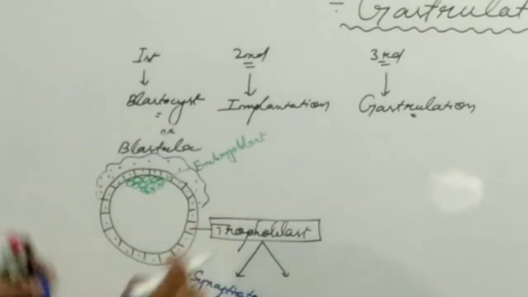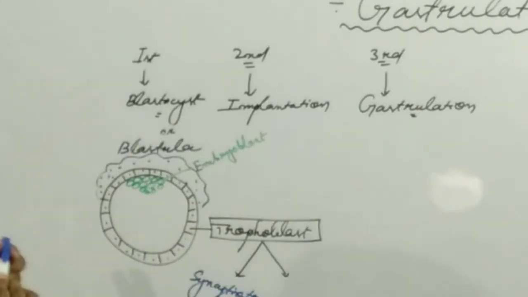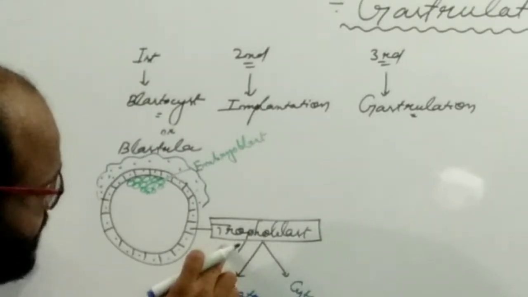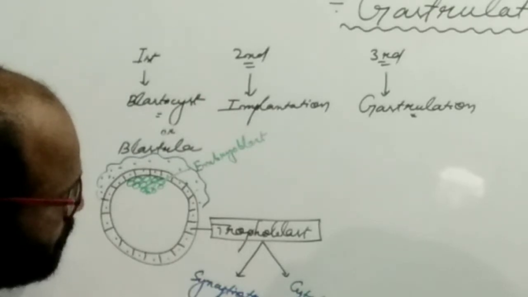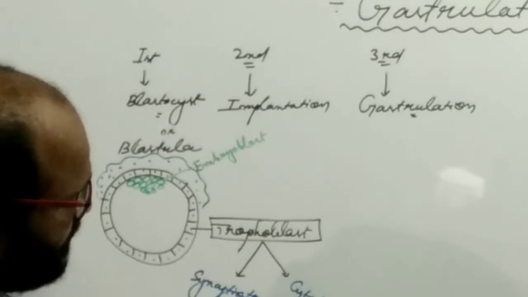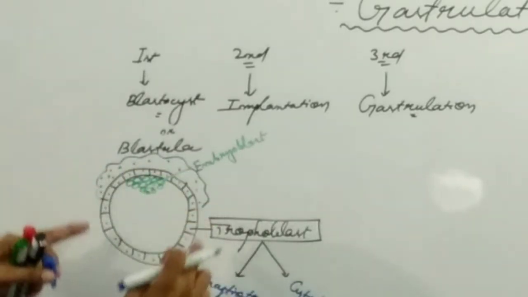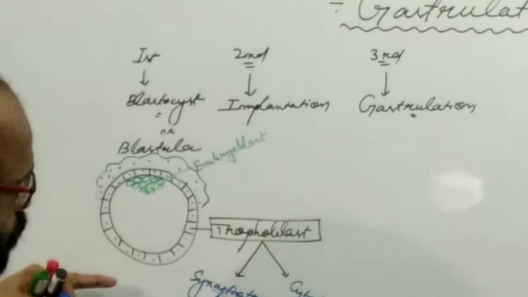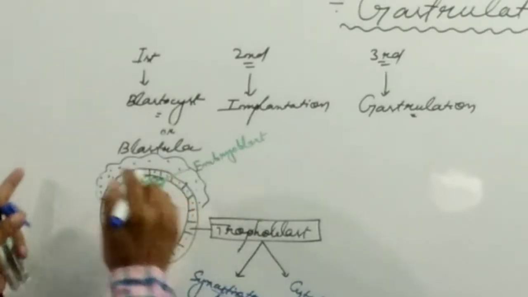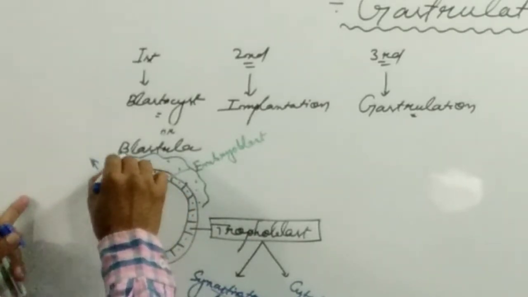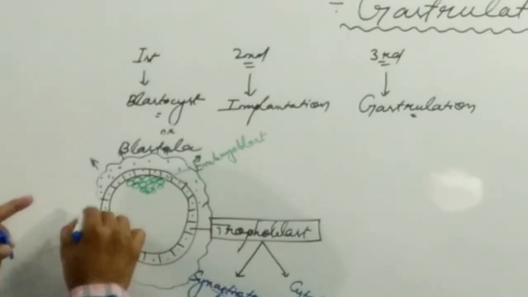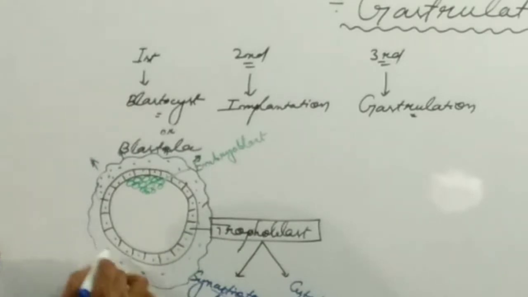The inner cells are single nucleated, and these are known as the cytotrophoblast cells. The cytotrophoblast cells retain their boundaries, but the syncytiotrophoblast cells, which are multinucleated, divide and grow subsequently, and eventually they surround the whole blastocyst.